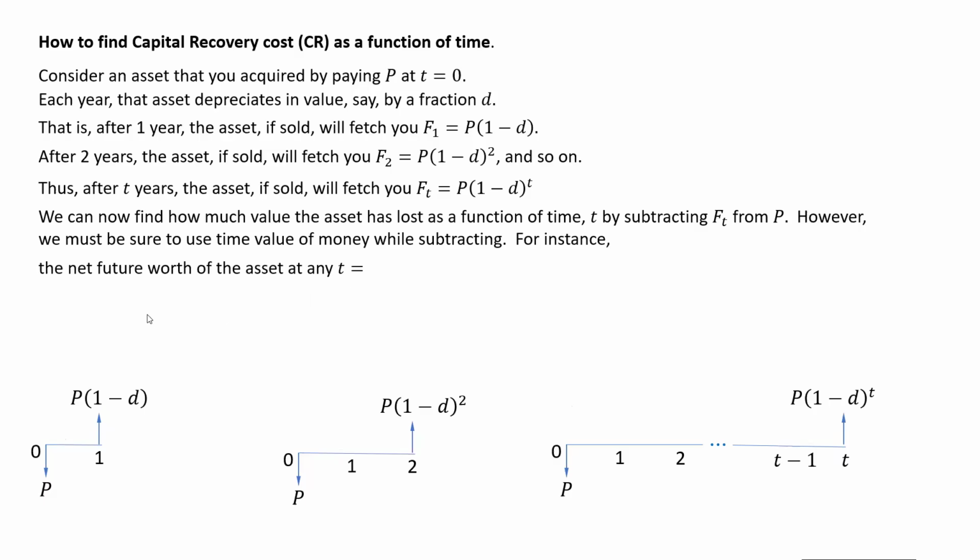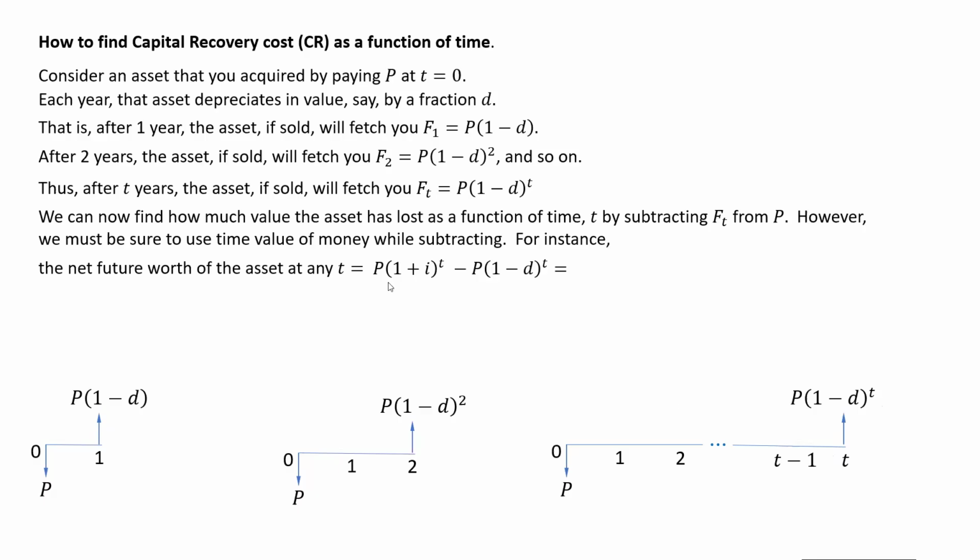For instance, the net future worth of the asset at any t, meaning I'm choosing the final time where I want to add or subtract these things, is P times (1 plus i) to the t, when you project P all the way to t, where i is, of course, the minimum attractive rate of return, minus P times (1 minus d) to the t.